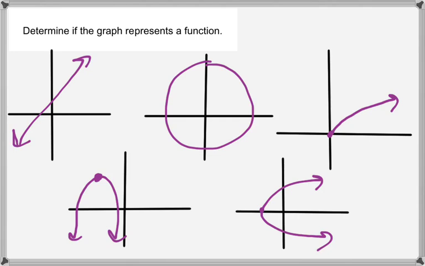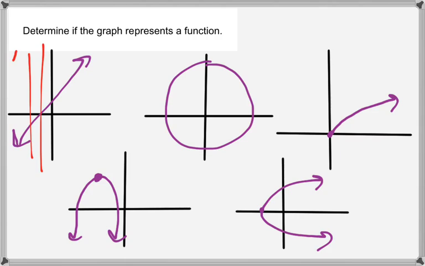Okay, so we have a variety of graphs here. So let's use the vertical line test to determine which of these are functions and which ones are not. So again, we're looking to see if we can find a vertical line that would pass through multiple points on the graph.